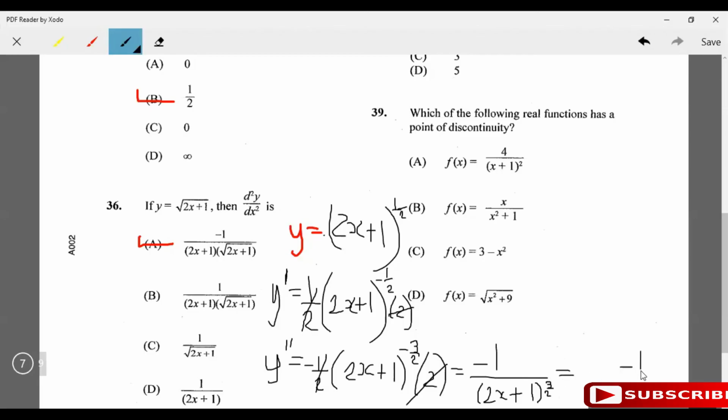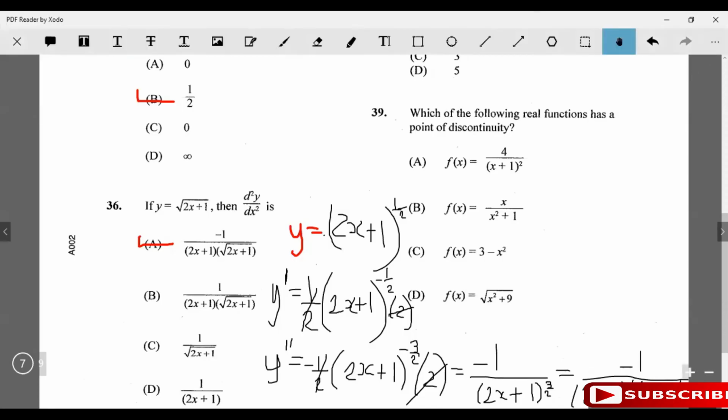Using laws of indices, we can write it as 2x plus 1 to the first power times 2x plus 1 to the half power. That's what we can do. And that is option A.